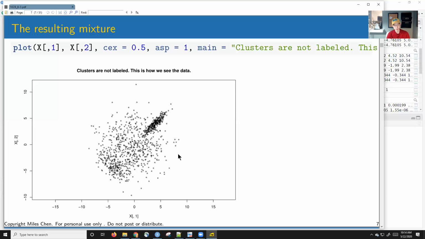And if we were to just try to use k-means clustering, it would not do a good job. K-means clustering uses Euclidean distance as the only measure of similarity.